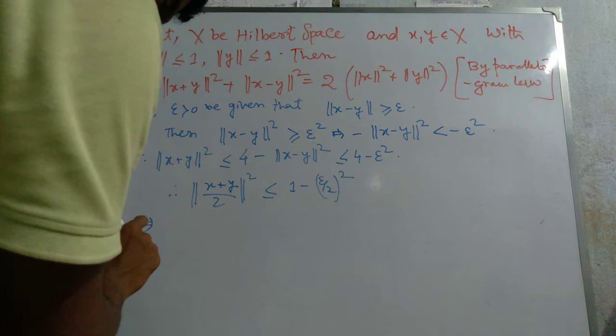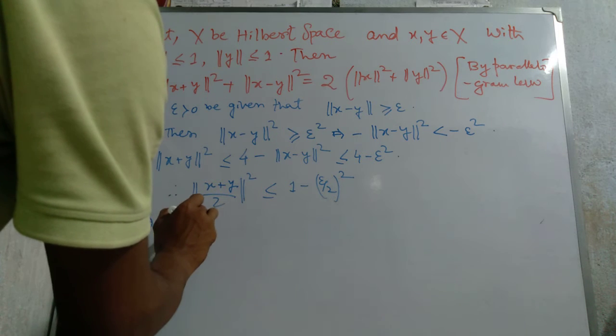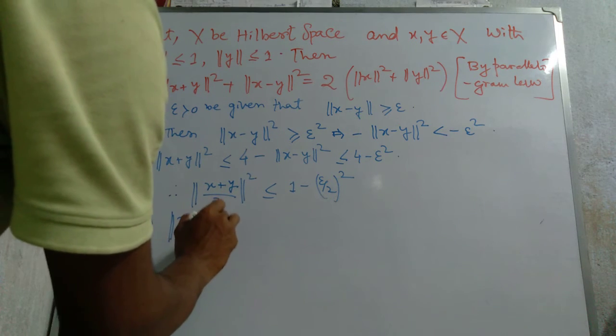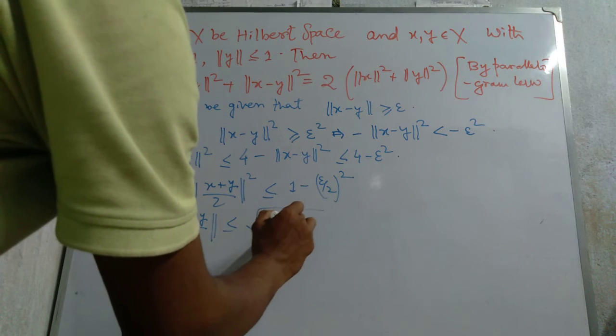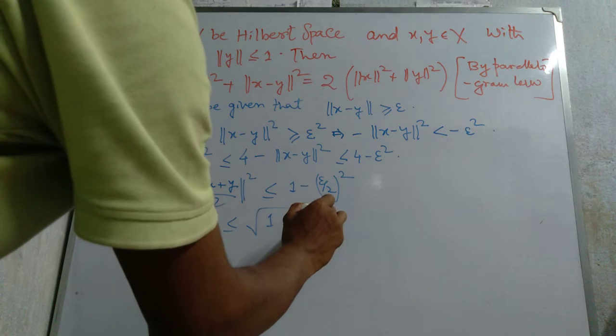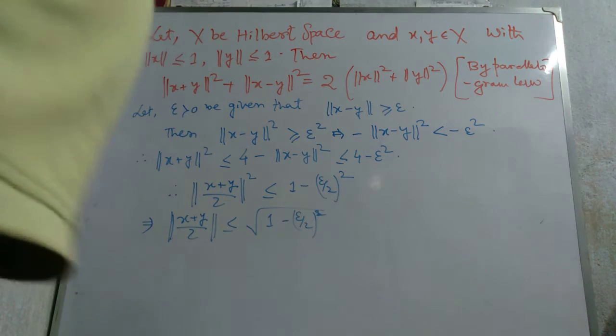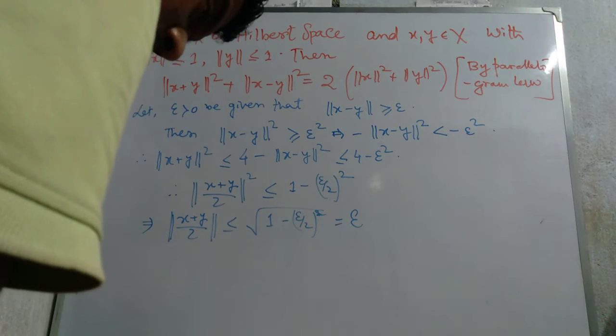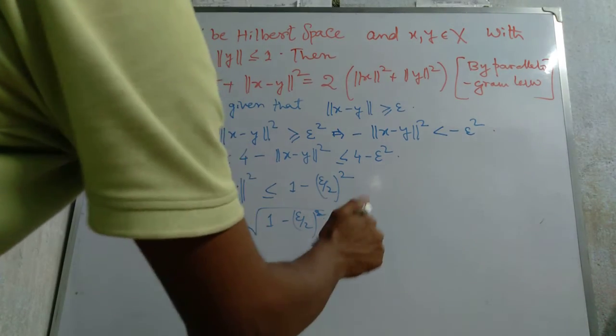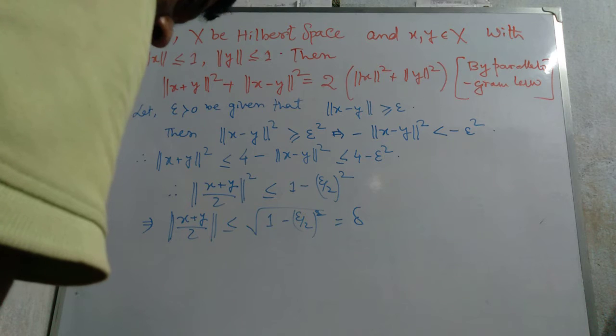This implies norm of x plus y by 2 is less than or equal to the square root of this, which equals 1 minus delta.